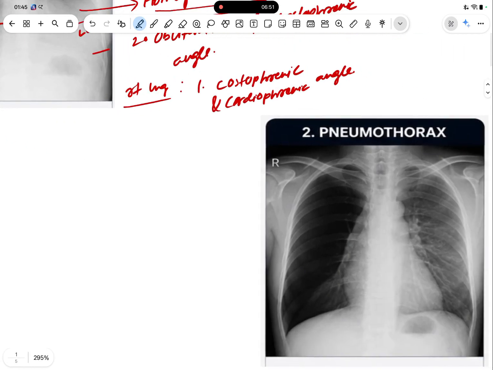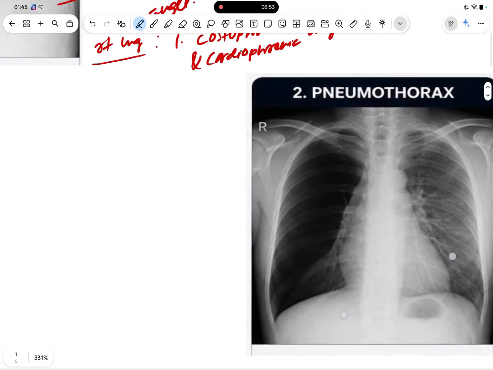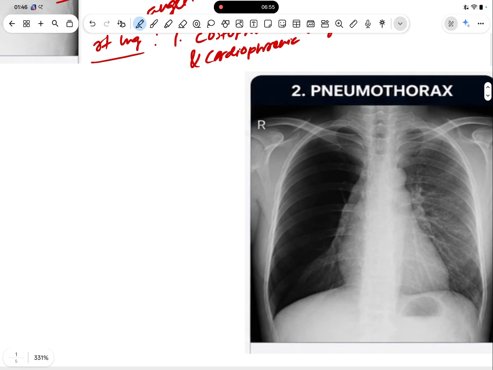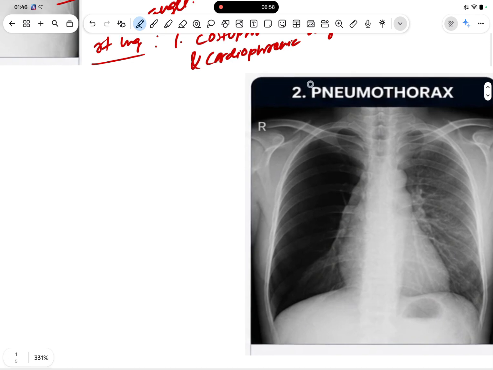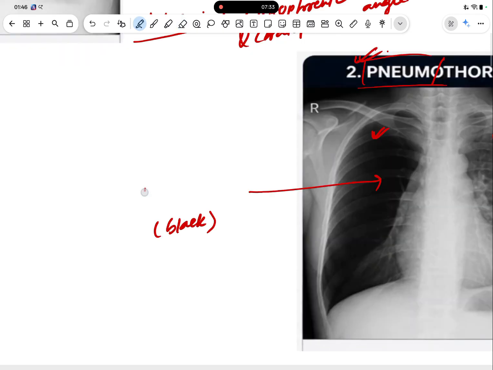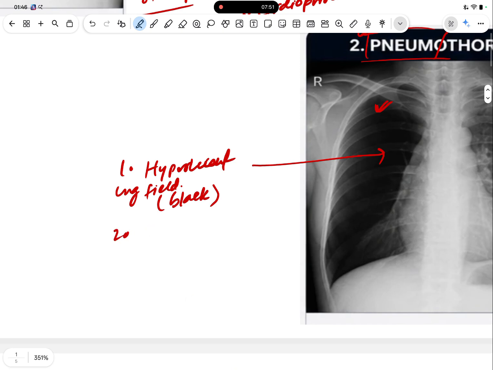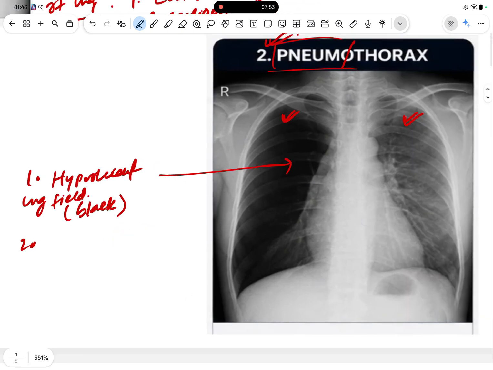Second is pneumothorax. Pneumothorax means there is air in the pleural cavity. Pneumo means air. The first point is hyperlucent lung fields. The second is that there are no bronchovascular markings in the left lung.